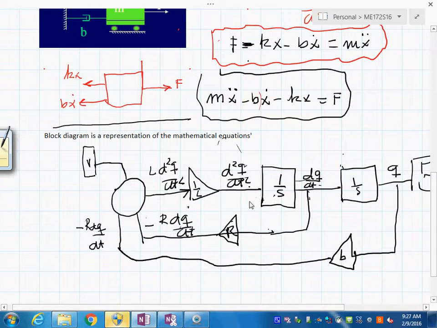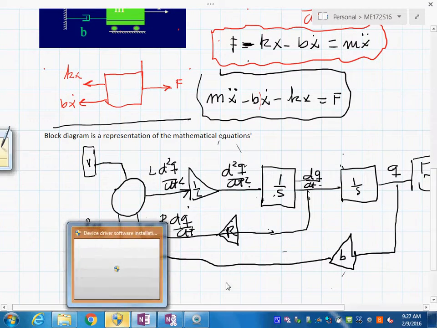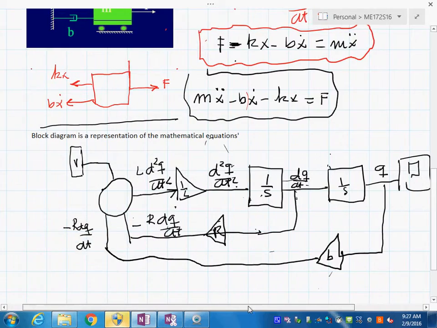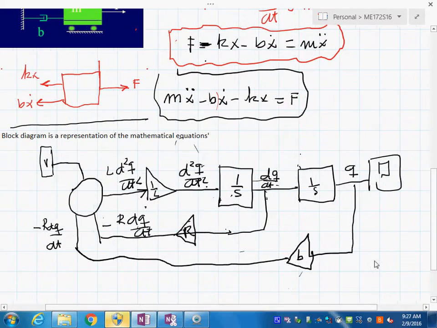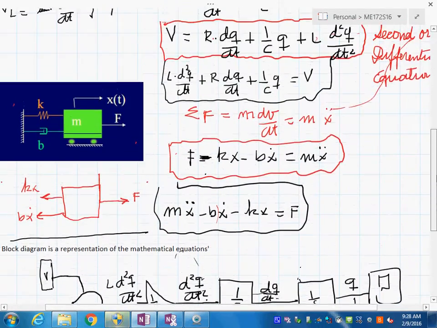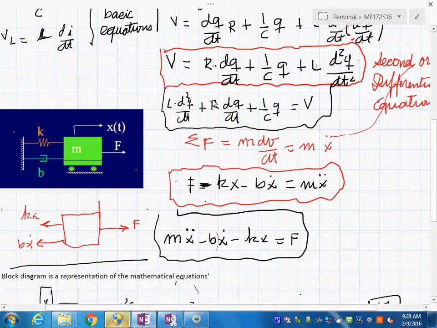You see what's happening here is that from this equation, you can see that this is an input here, and this is the summation of these voltages. But the way we go about producing this block diagram is writing the equation in terms of the highest order derivative.